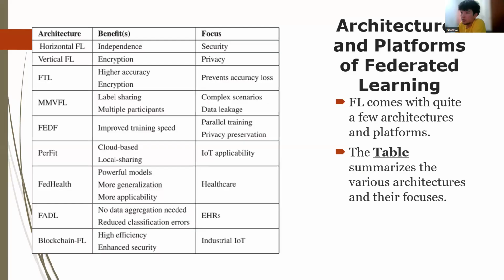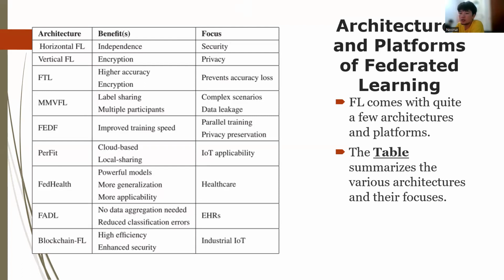On the next page, here, is the architecture and platform of federated learning. Federated learning comes with quite a few architectures and platforms. The table summarizes the various architectures and their focuses.